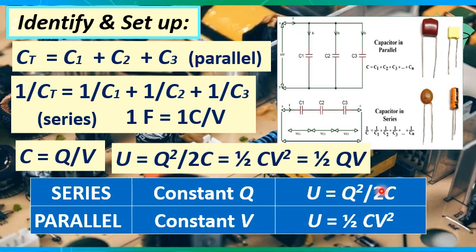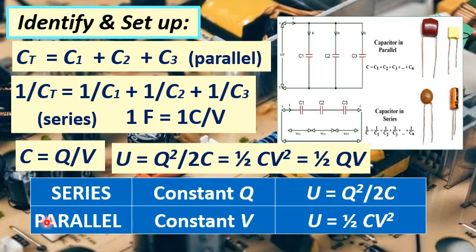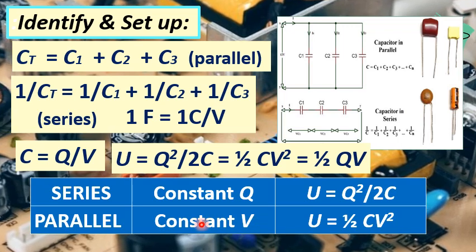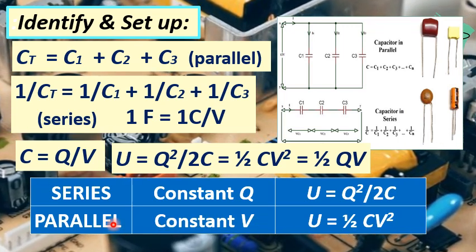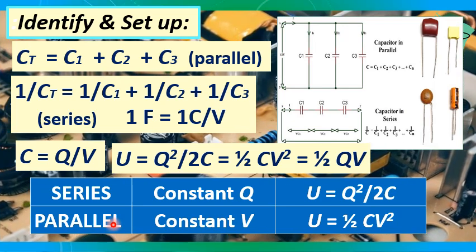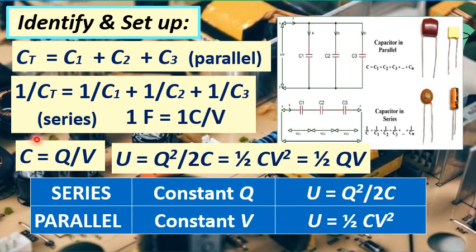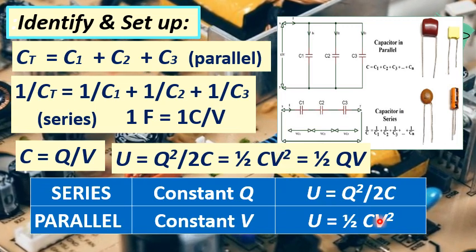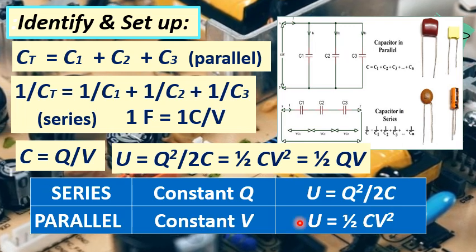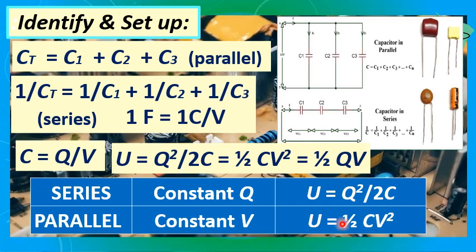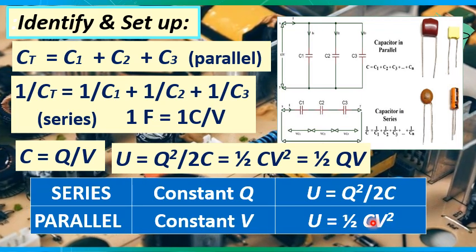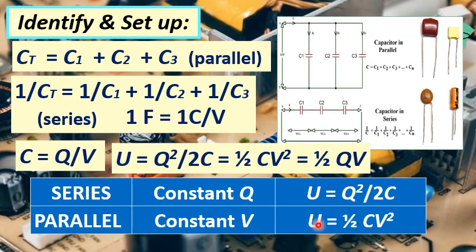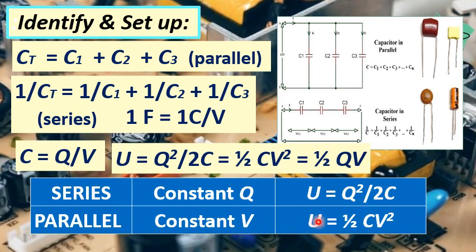But if the capacitors are connected in parallel, where, as you may all know, the voltage is always constant, regardless of the values of the capacitances, then using the formula for stored energy, capital U equals 1/2 the product of capacitance and the square of the voltage, if the voltage V is constant, we say that the amount of stored energy capital U is directly proportional to the amount of the capacitance big C. Meaning, the bigger the amount of capacitance, the greater is the amount of energy that is stored.